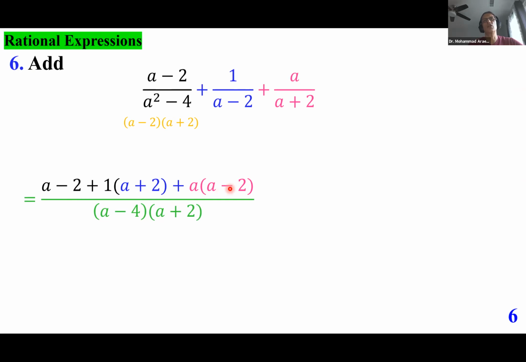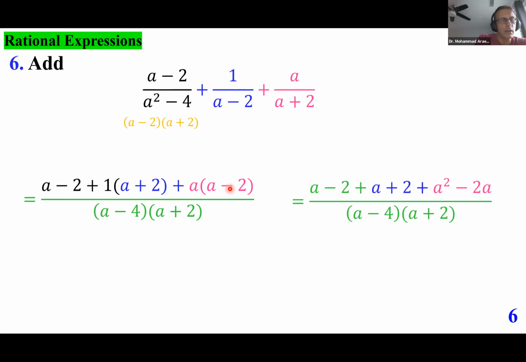And this gives us a squared minus 2a. So we have a plus a minus 2a, and they cancel each other. Minus 2, positive 2 cancel each other.